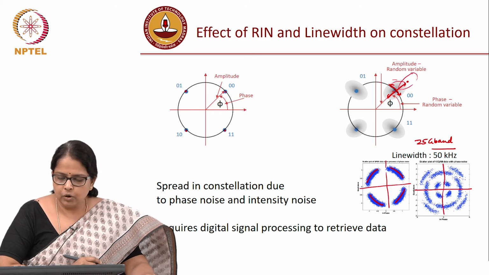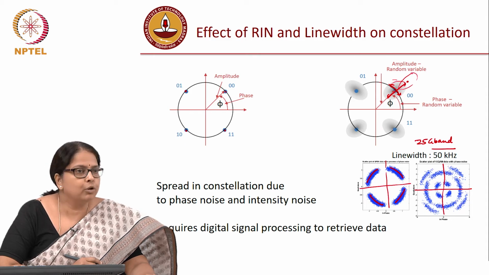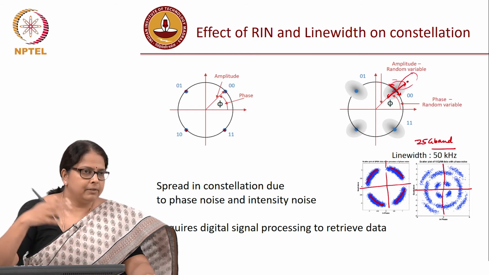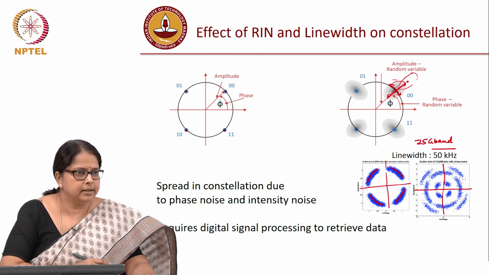So, that completes the discussion on line width, which brings us to another important point: it is important to have very narrow line width lasers for coherent communication. For on-off keying, I repeat, phase is not very important as far as demodulation is concerned.